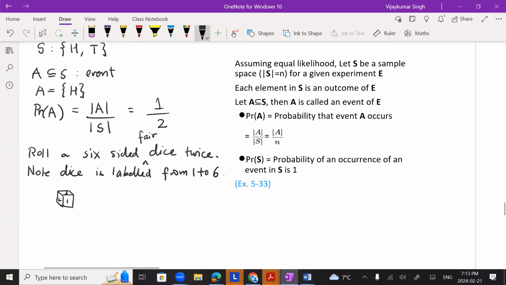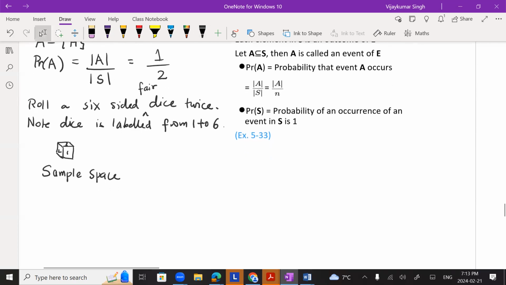So now what is the sample space in this case? I'm rolling the dice twice, and I look at the outcome, the two numbers on top.